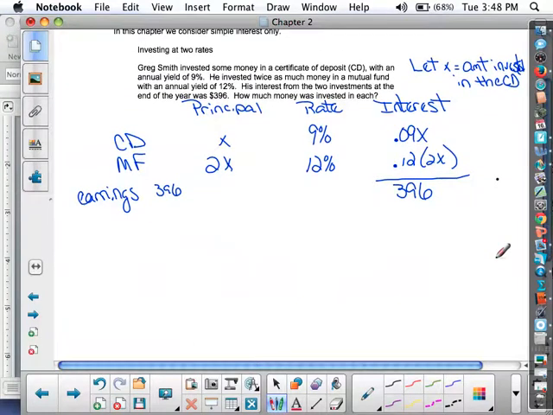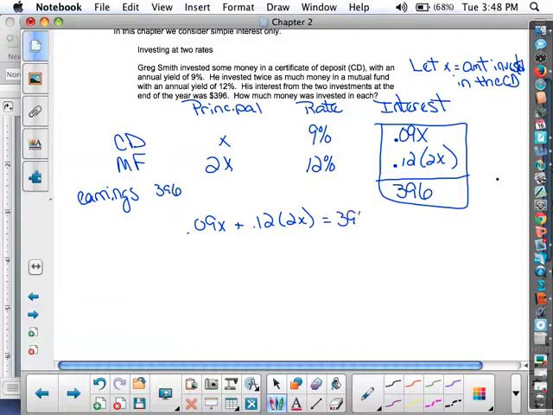So let's set up our equation. It's actually right here. I have 0.09x plus 0.12 times 2x equals 396. So that gives me 0.09x plus 0.24x equals 396. 0.33x equals 396.